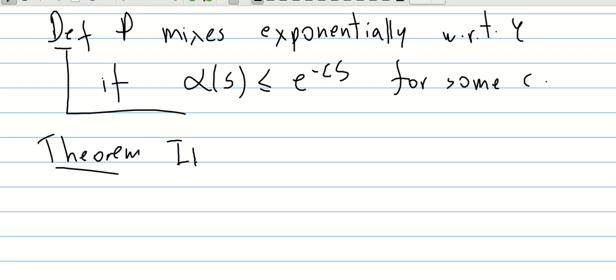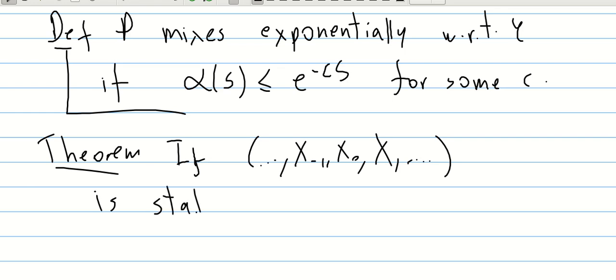if we have an infinite family that is stationary, or invariant, right?